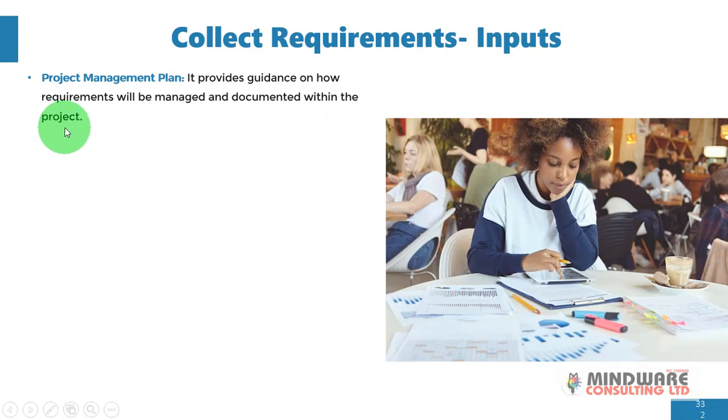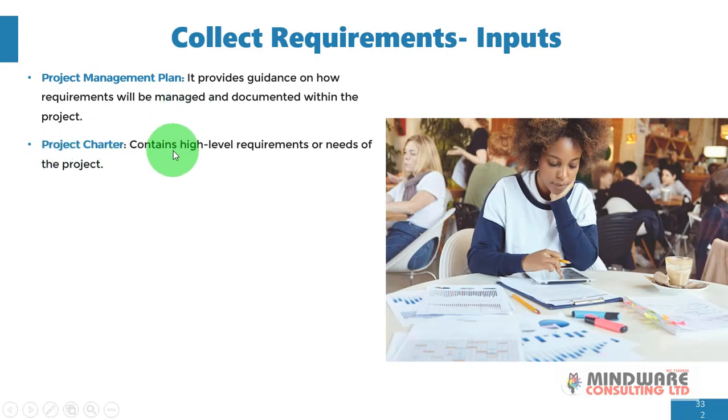So while we're drawing up our plans, okay, it has to be included there how we plan to actually manage our requirements. All right. Next is the project charter. This contains high-level requirements or needs of the project.